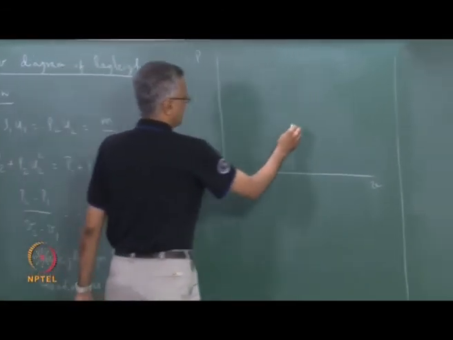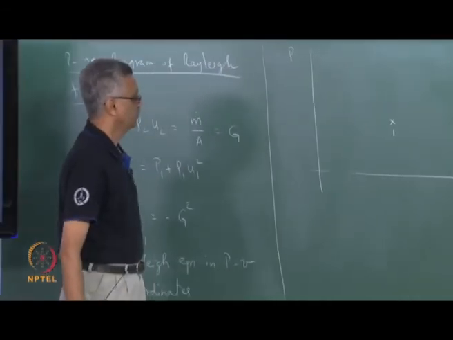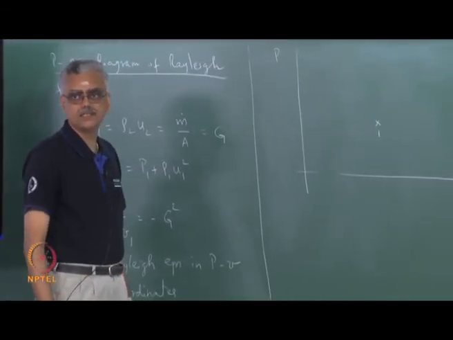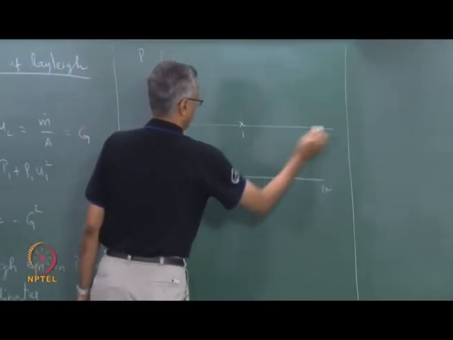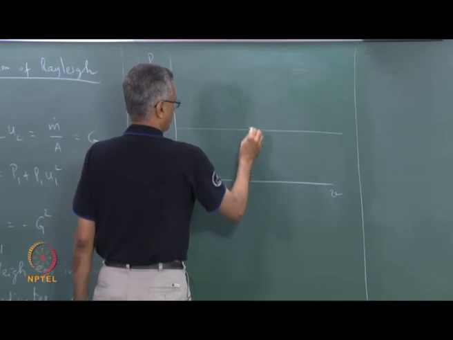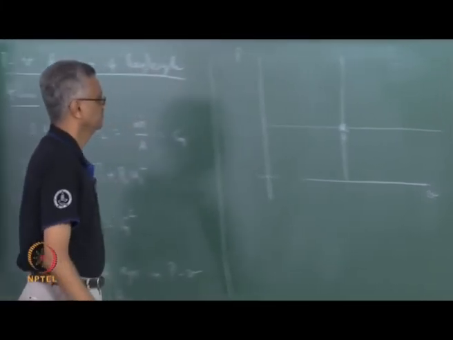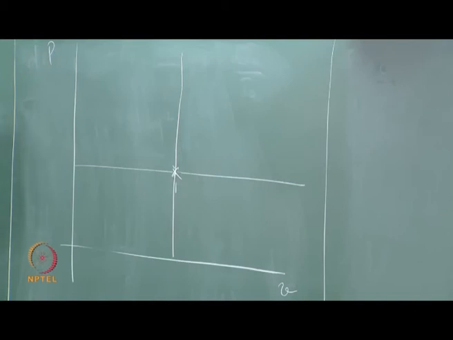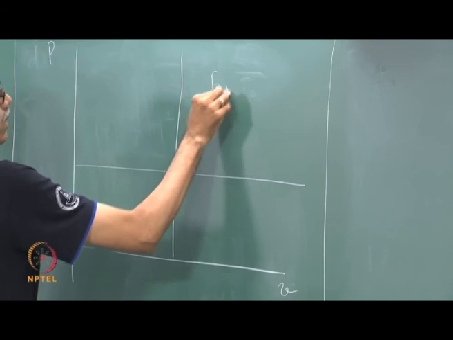let us say this is my state 1. Since the slope of the Rayleigh line is negative, as we argued earlier, states in this quadrant and this quadrant are not allowed.